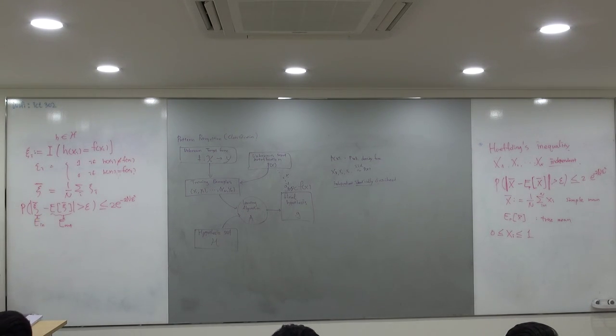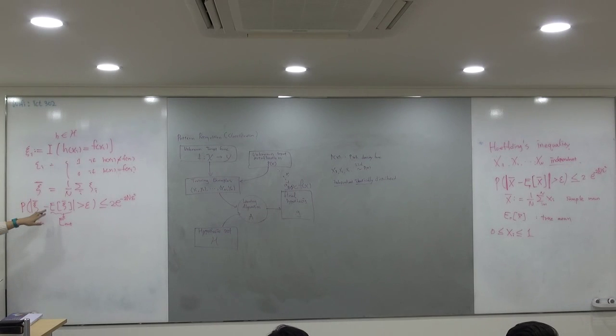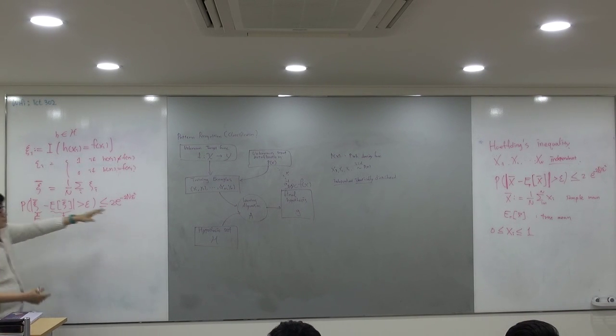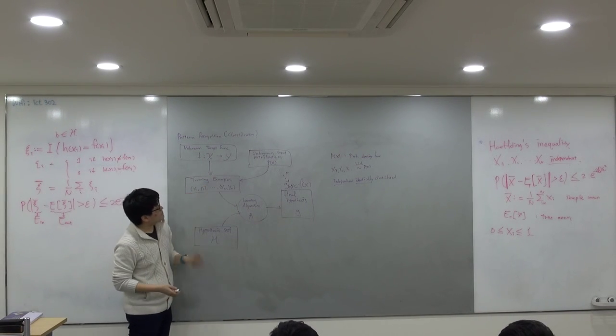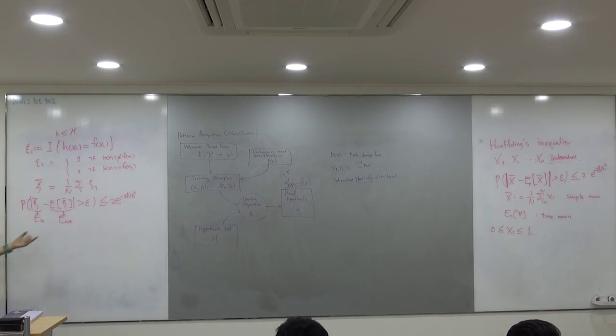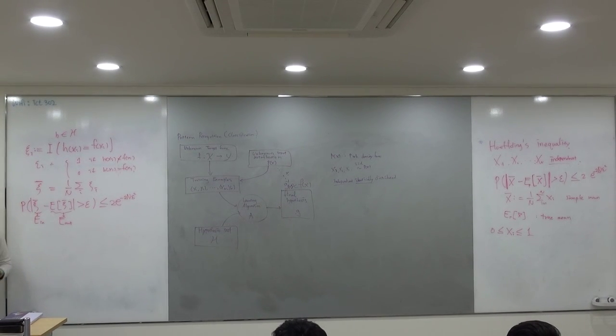Expectation. So this expectation is taken over the whole distribution, the unknown distribution. So you can, in principle, think of this as a test error. Test error is just a proxy for this term.